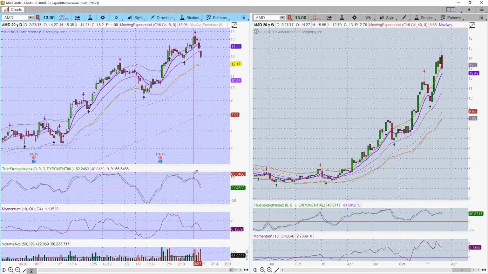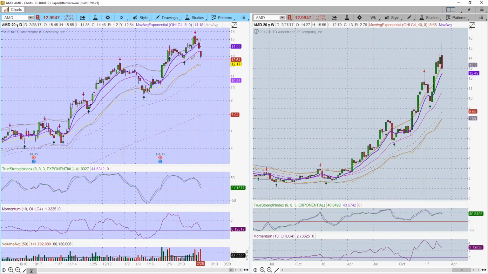As you can see, TSI was making a negative divergence, and so was momentum. Now this is significant selling pressure coming in. It has not taken out that low yet, but that's your next logical level of support.